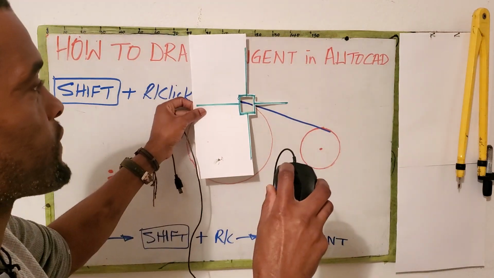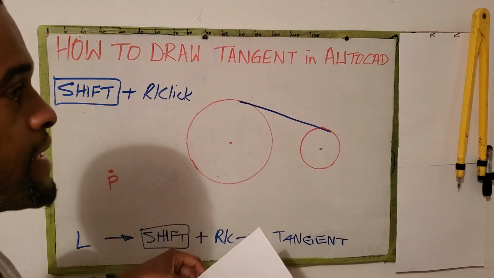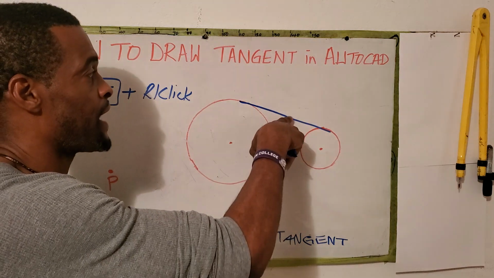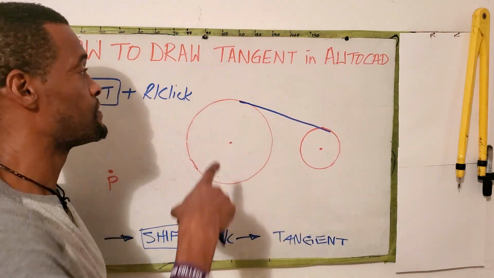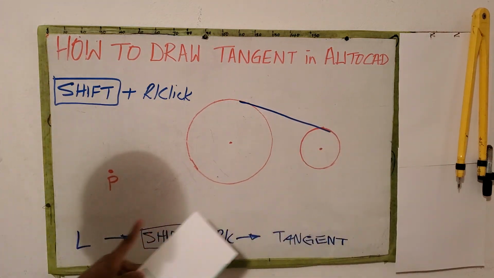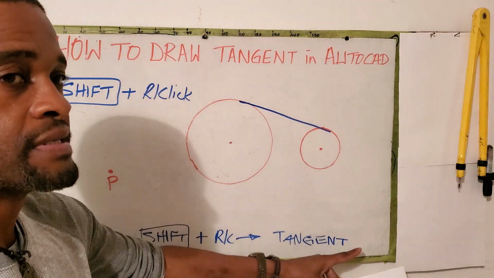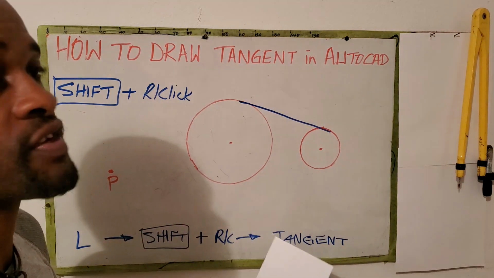I will then left click at that point, and immediately the line will stop onto the circumference. Now, to get the second point, the command bar at this time will change and ask you to specify the second point for the tangent.